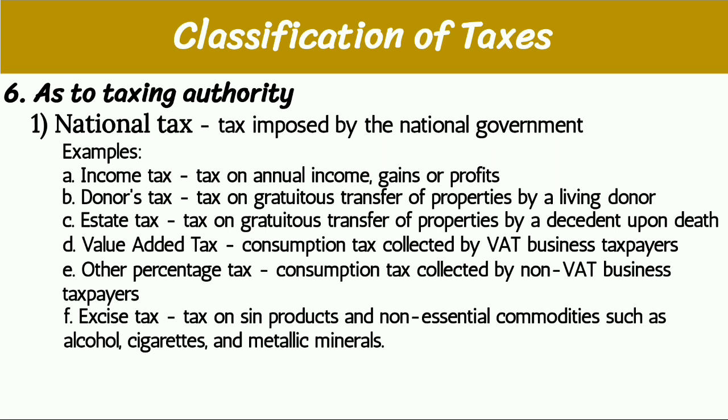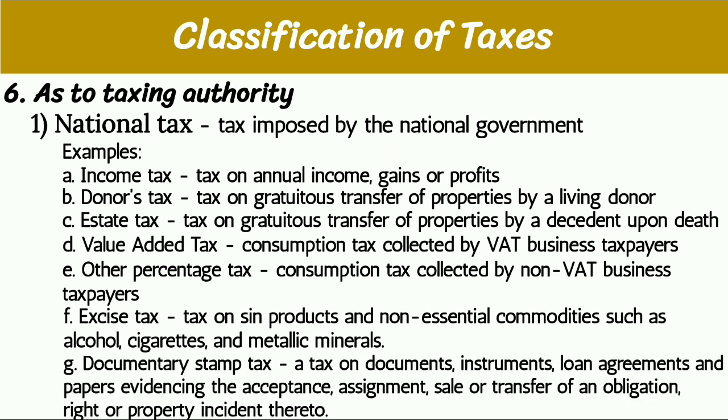So they are technically different. Next, seventh, documentary stamp tax. As the name suggests, ang documentary stamp tax ay yung tax sa documents, instruments, loan agreements, and papers evidencing the acceptance, assignment, sale, or transfer of an obligation, right, or property incident thereto.